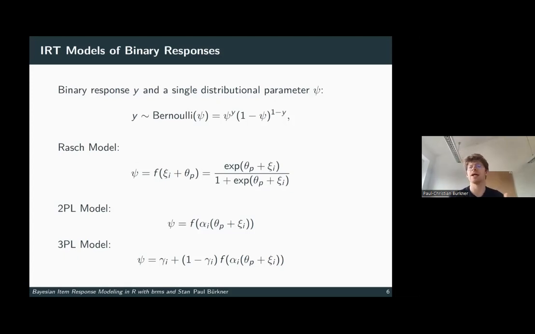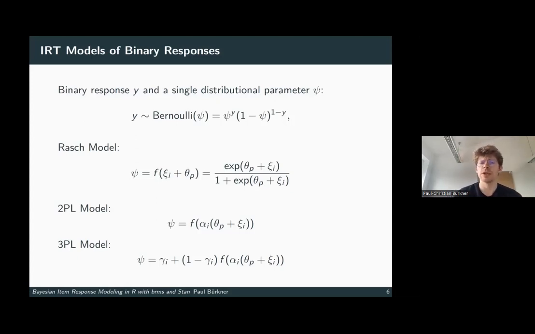Now, of course, some items may be more difficult or easier than others, and some people may be more able to solve these items, or to give the correct response, than others. So quite naturally, we would like to relate this success or correct answer probability psi to our person and item parameters.